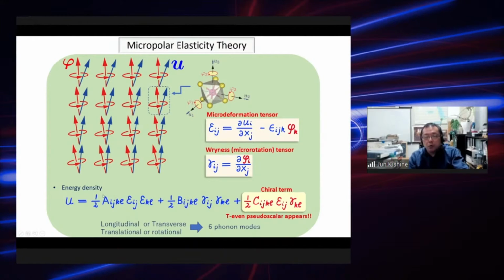Then we can construct the energy density by using this epsilon and gamma tensor field like this, with epsilon, gamma, gamma, and epsilon, gamma terms. Then we are lucky enough to have this chiral term like this. This chiral term is coming from the epsilon and gamma. So this naturally becomes a time-even pseudoscalar. Yes, this is a truly chiral term. So we are very happy with this term.